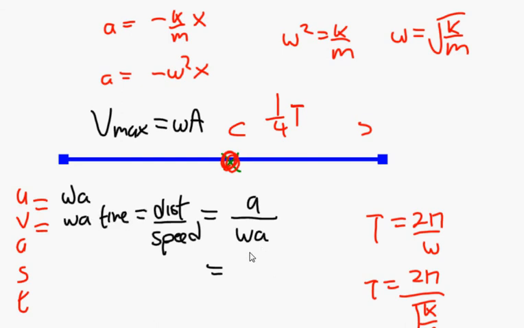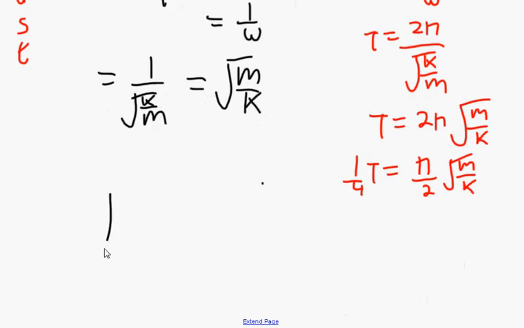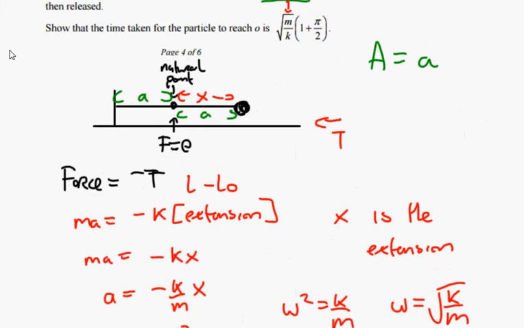So that's going to be 1 over omega. And what is 1 over omega? It's 1 over square root of k over m, which is root m over k. Combine both answers together, and you're going to get root m over k plus a quarter period, pi over 2 root m over k. Factorize root m over k, and you get 1 plus pi over 2. And that's what you're asked to prove there.